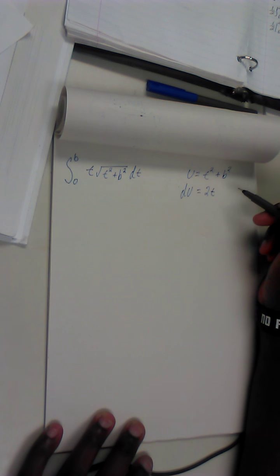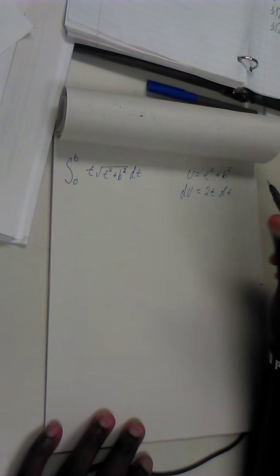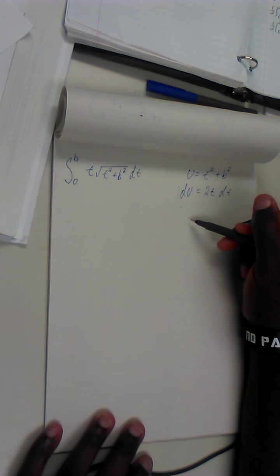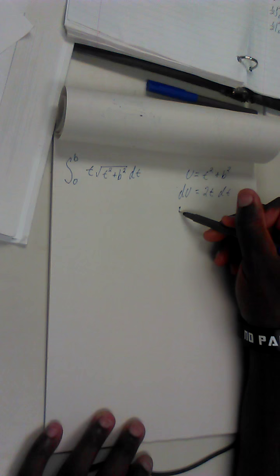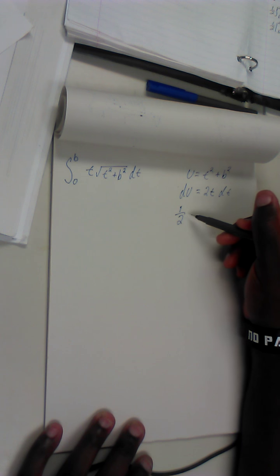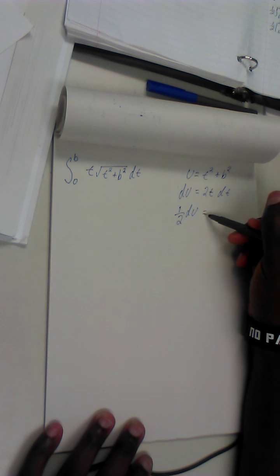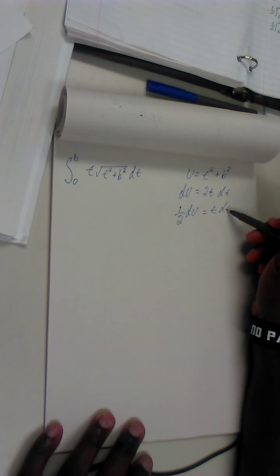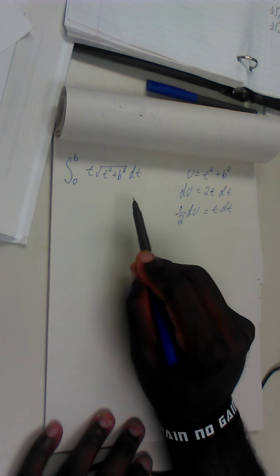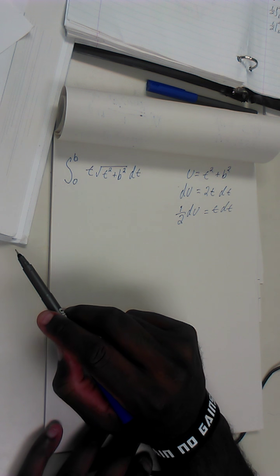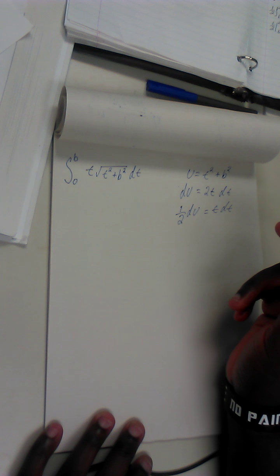So here you're looking at 1/2 du is equal to t dt. Remember, we have to account for this t dt here.